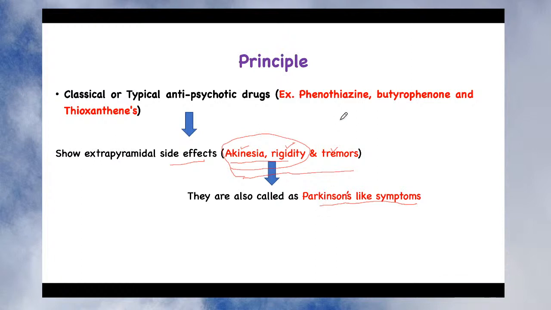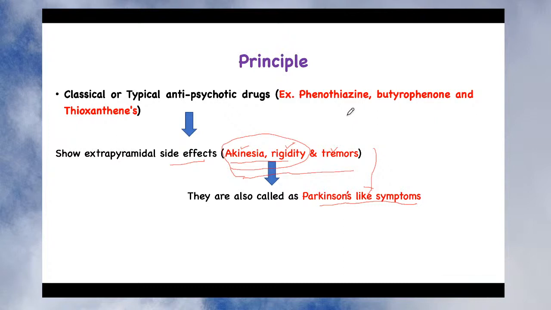So when you give this drug at high dose and then give an anti-Parkinson drug, you can easily evaluate the anti-catatonic or anti-Parkinson activity of those particular drugs.